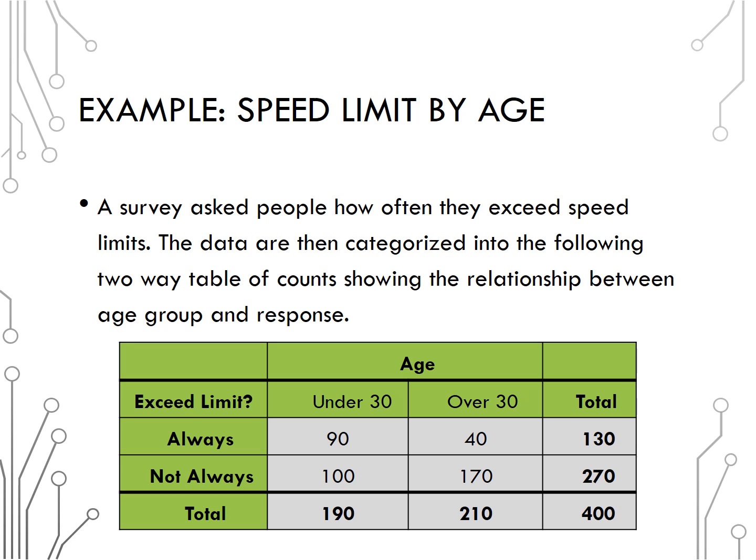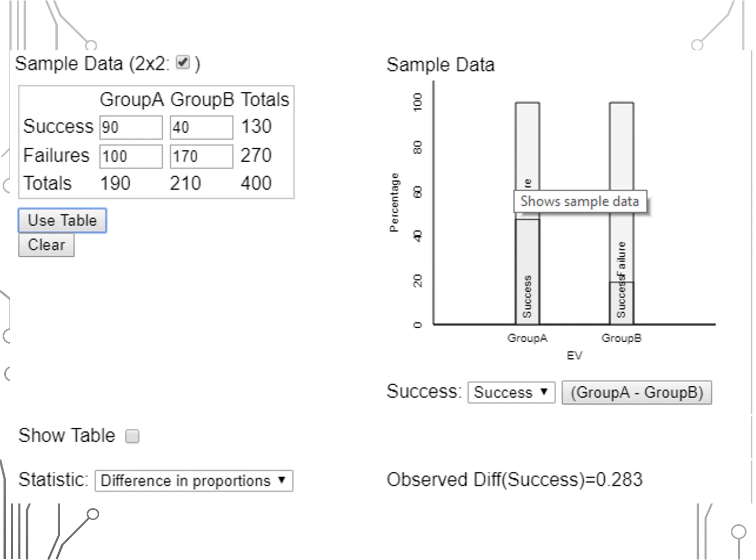This two-way table pictured consolidates our raw data so you can see the number of successes, always, and failures, not always, for each group, under 30 and over 30. Pictured is the output from the two proportions applet.